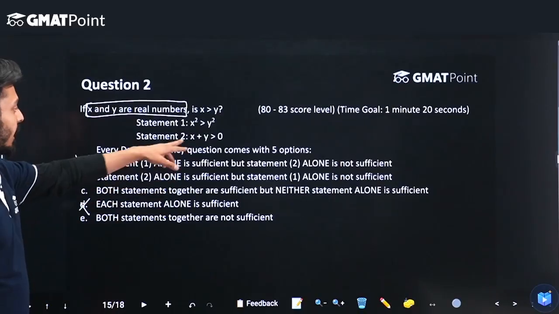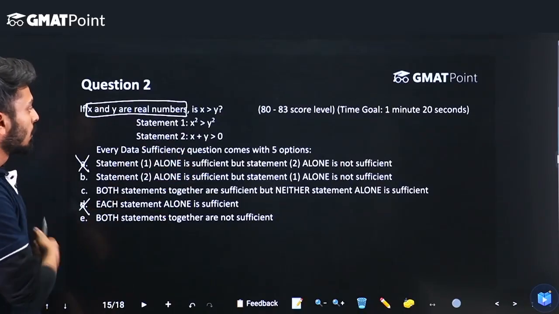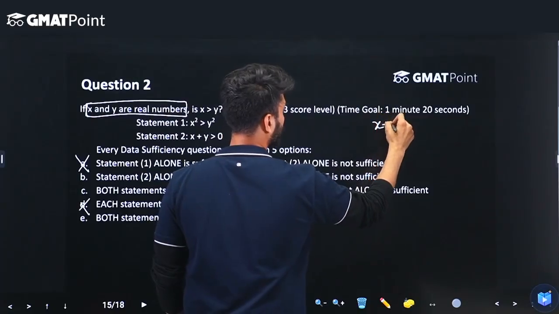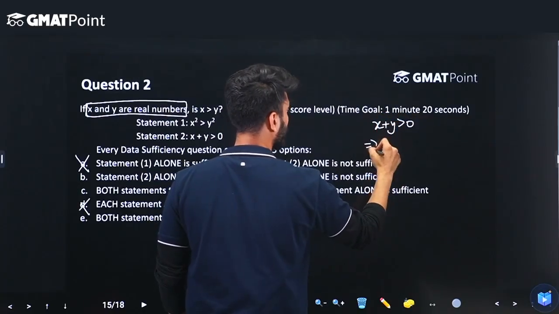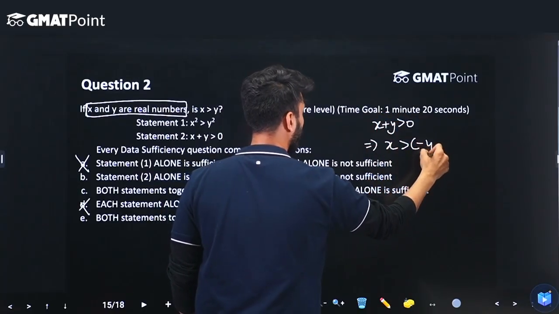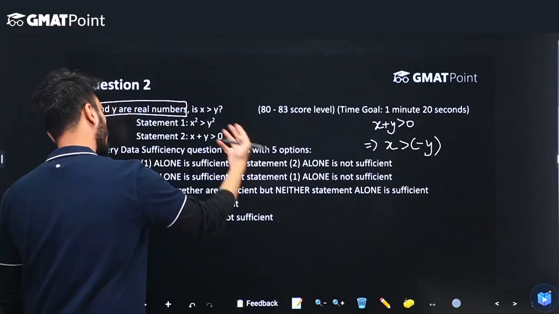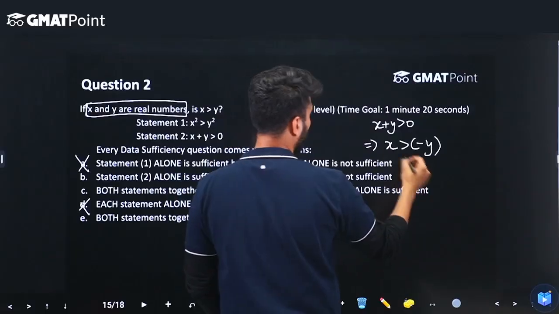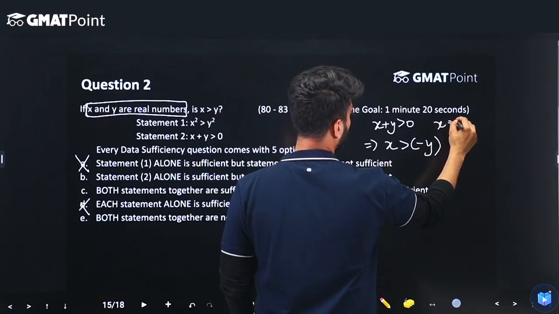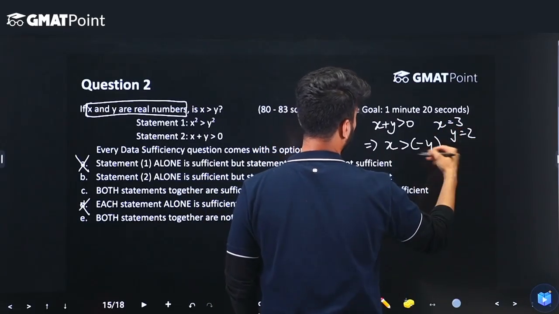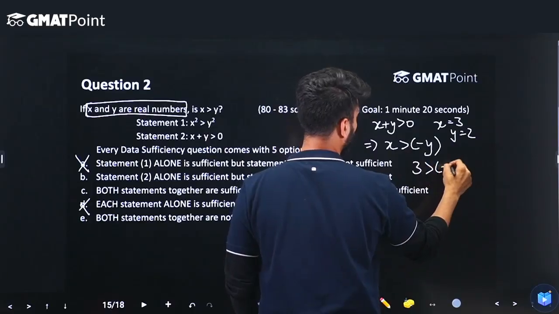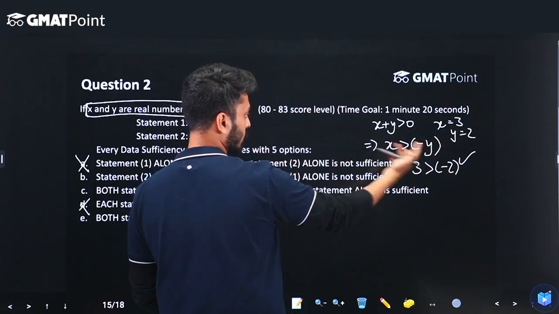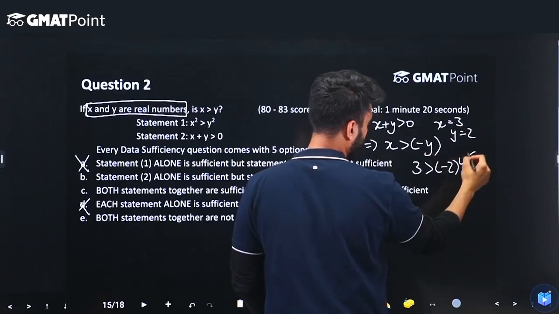Let's look at the next option. Next statement, we have x plus y greater than 0, which means I have x greater than minus y. This does not tell me if x is greater than y. Why? We'll look at an example. If let's say x was equal to 3 and y was equal to 2, I could have 3 is greater than minus 2, and in this case you have x greater than y as well.